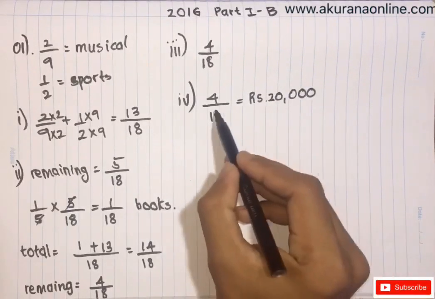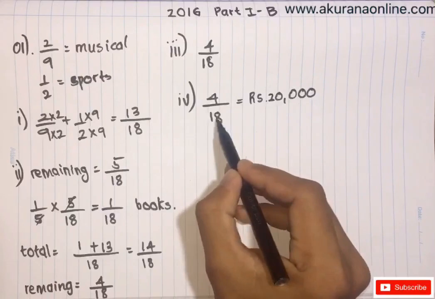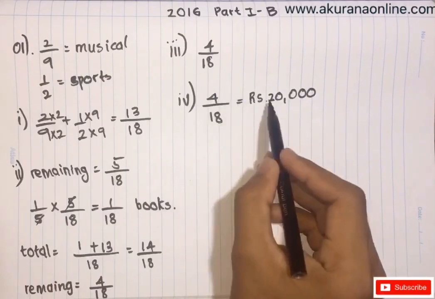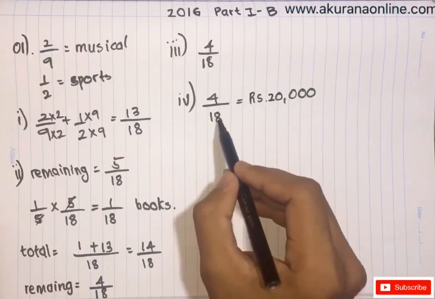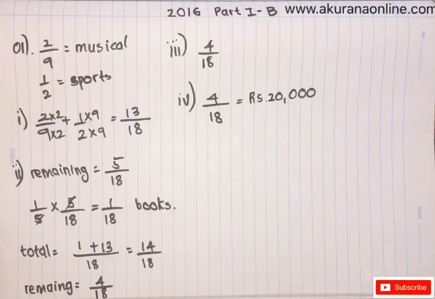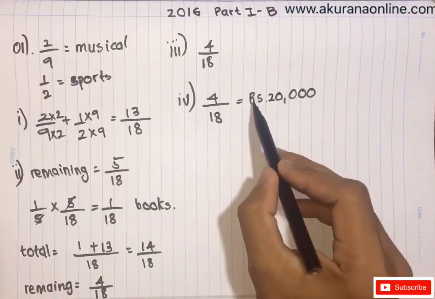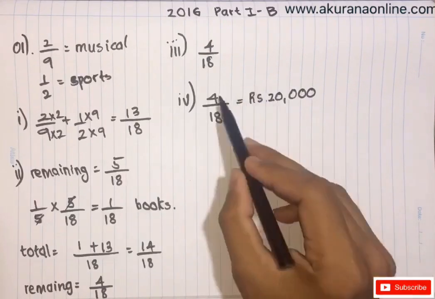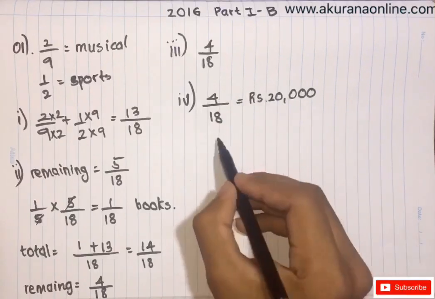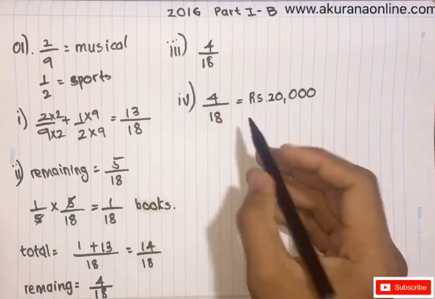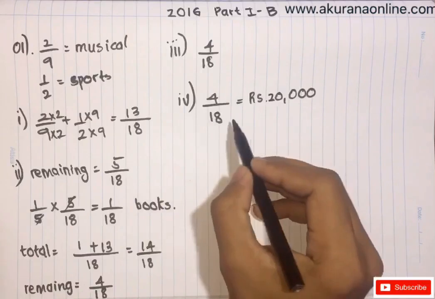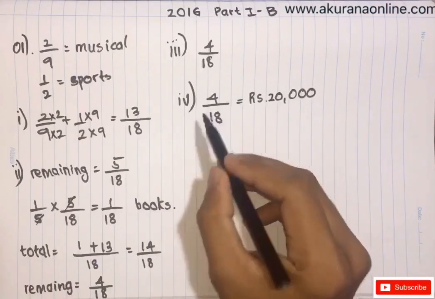You have to find what is the total. If you take the full part as 18, out of that 4 parts is equal to 20,000. You have to find how much is this 18. Therefore, let us divide 20,000 by 4. That will give you the value for one part. And then let us multiply by 18, which is the total parts.